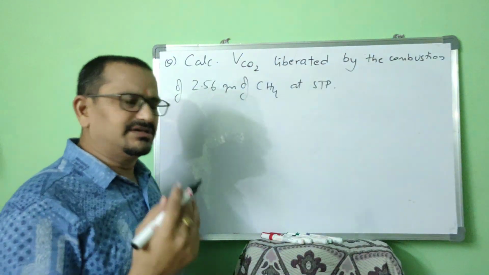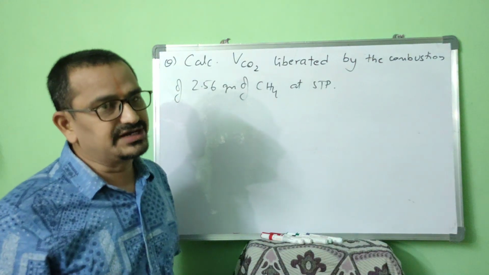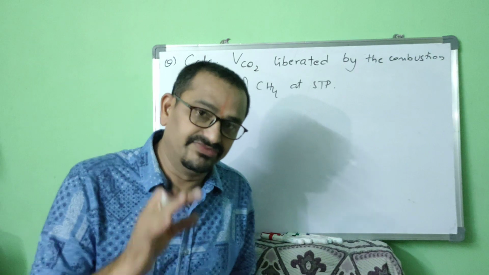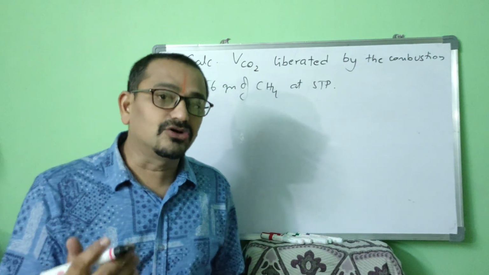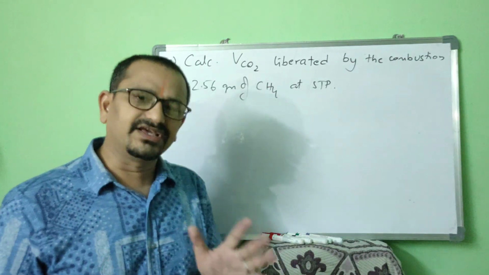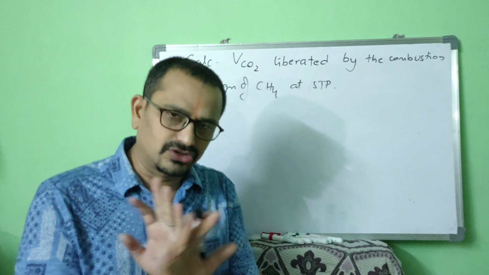Depending on the options given in the question, you can use 22.4 liters or 22.7 liters. That is in competitive exams. This choice will be there in competitive exams. They may give the option in 22.4 or 22.7. Most of the cases 22.7 is a standard value. Okay, they won't cross that.